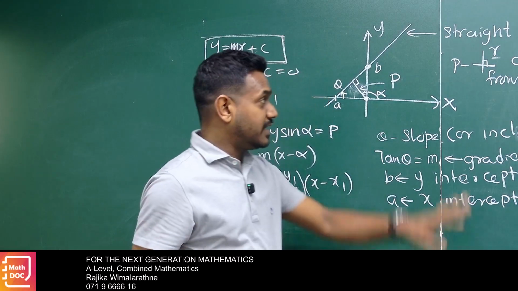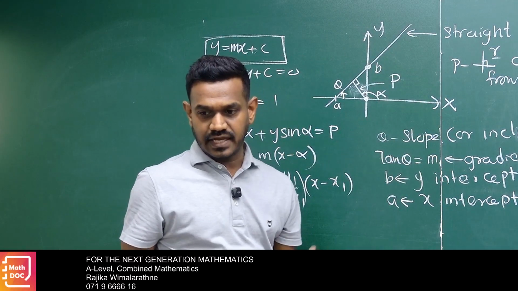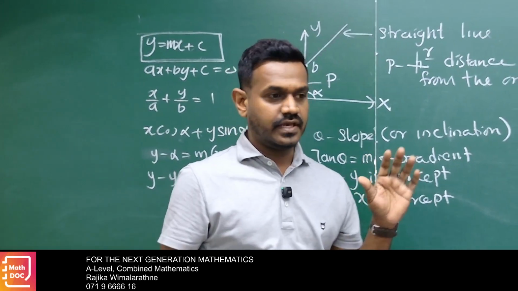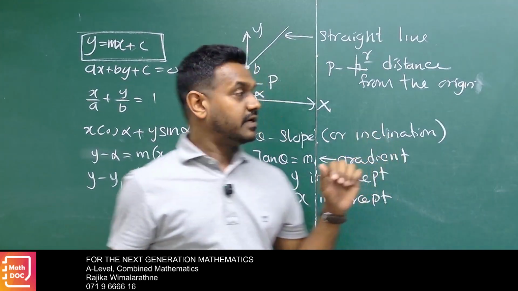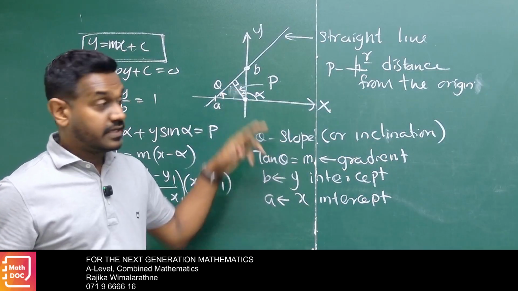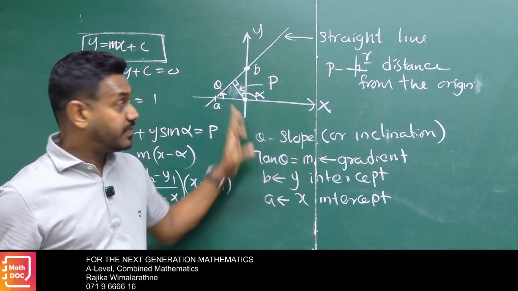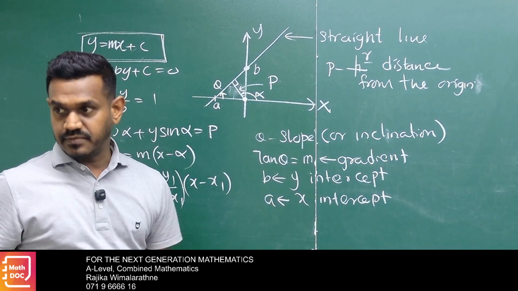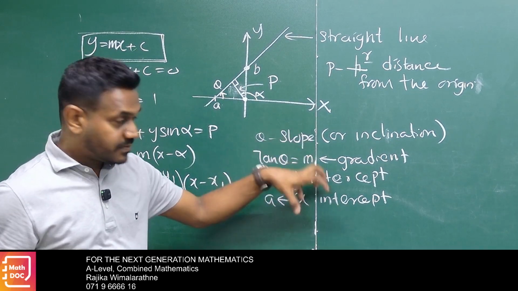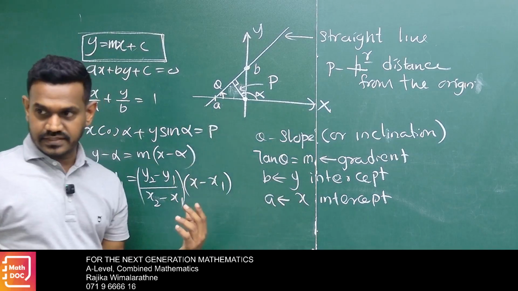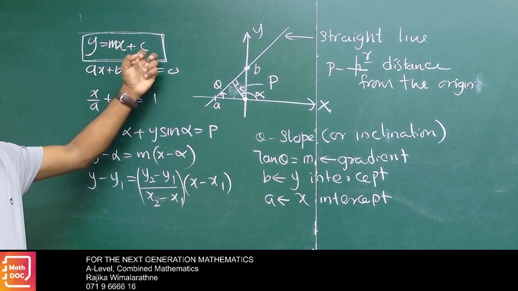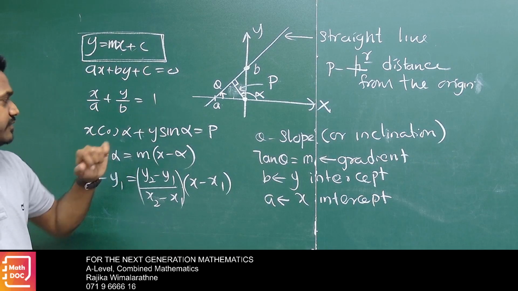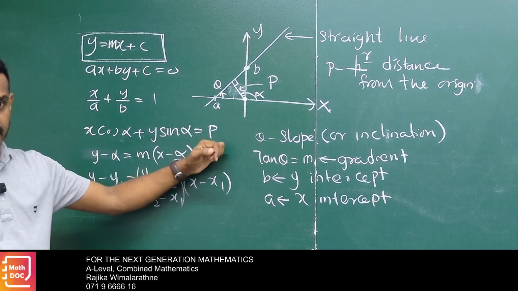Okay, likewise, when we consider a straight line, there are some properties like that. Those properties are slope, gradient, x-intercept, y-intercept, perpendicular from the origin. So with those properties we can create different equations. Here y equal mx plus c, ax plus by plus c, x over a plus y over b equal 1, x cos alpha plus y sin alpha equal p.